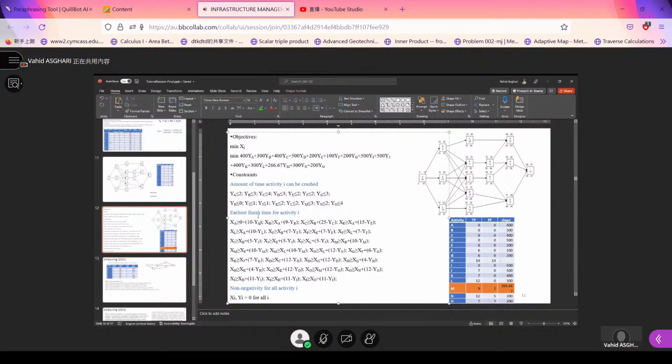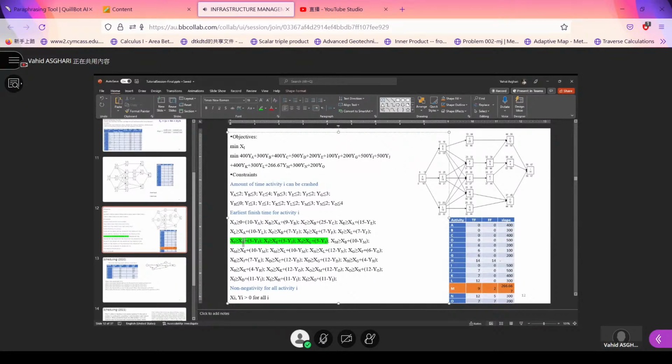Let's talk about, for example, another activity. Let's say J. Let's find the J here. J is here. These are related to J. 3 arrows are connected to J. So the earliest time of finishing the activity J has to be done after B. This is the first one.